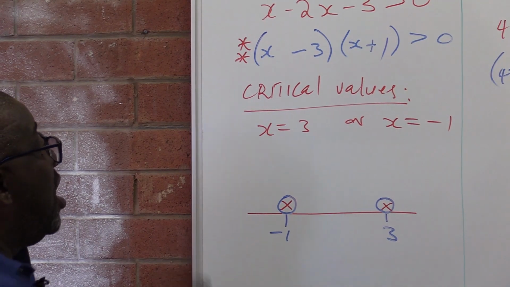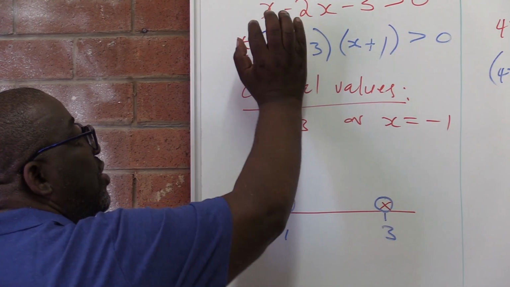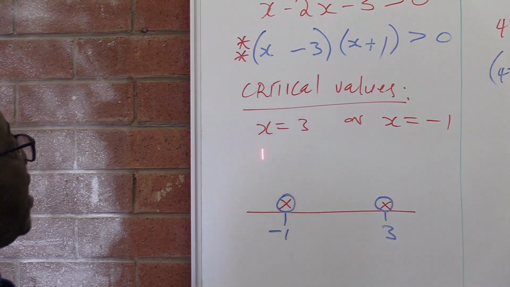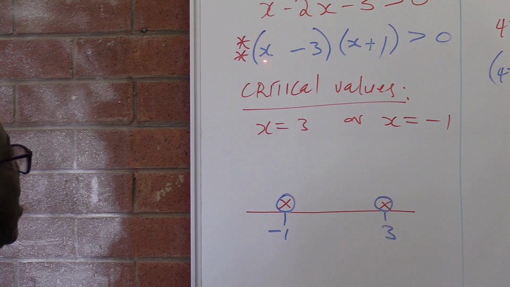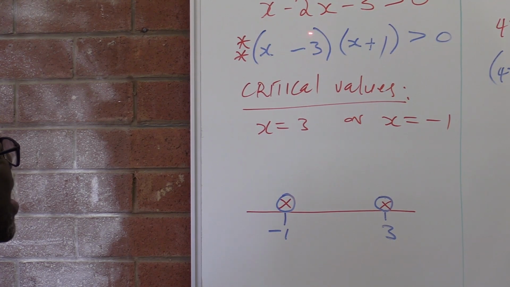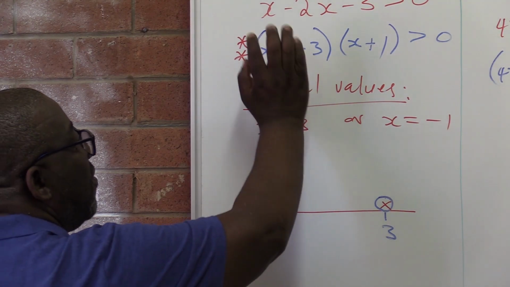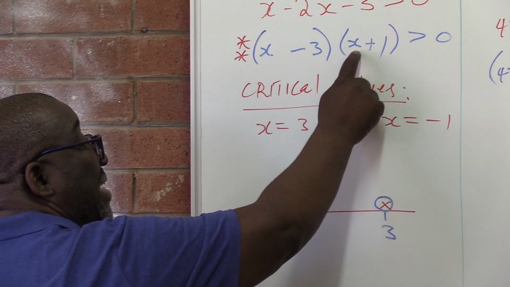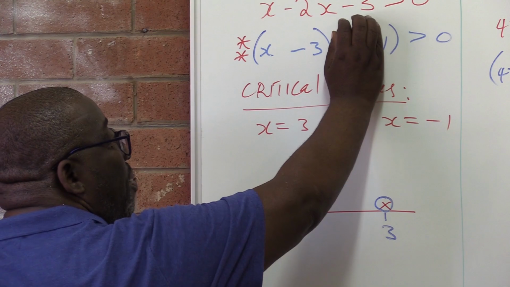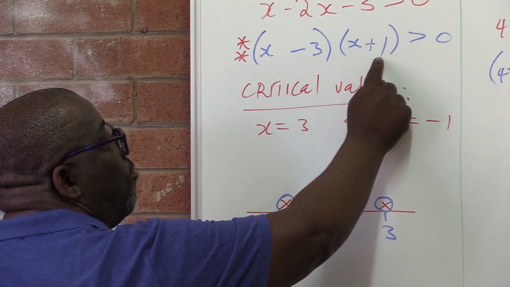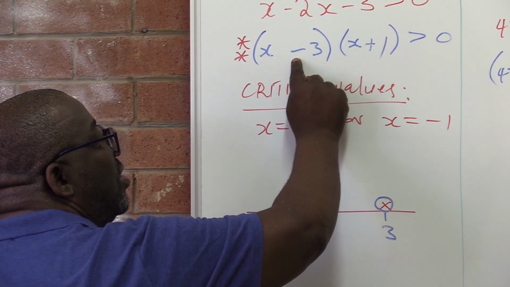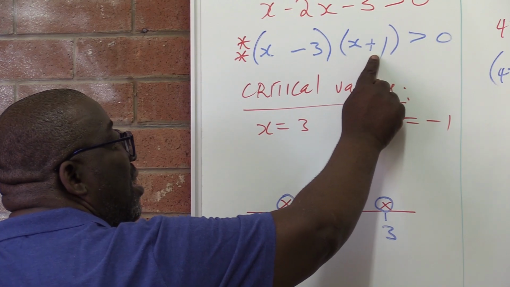Let's do this. If I put 0 here, how will my solution be? If I put 0 in the place of x, this whole value here will be negative, because 0 and negative give me a negative number. If I put 0 here, the value here will be positive, because I'll be left with positive 1. So negative times positive, what does it give me?